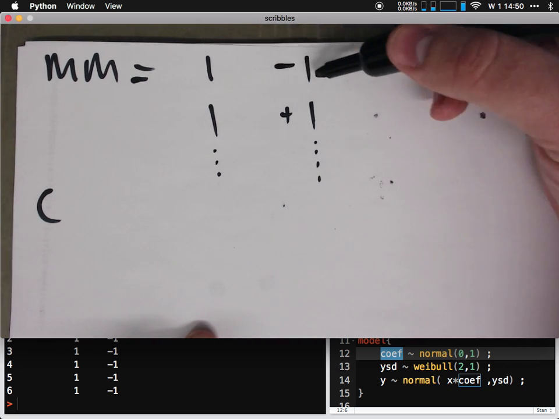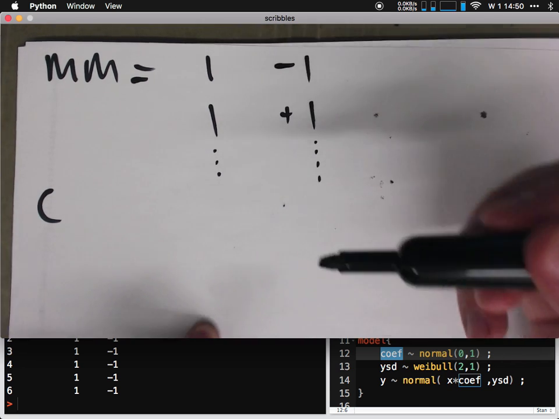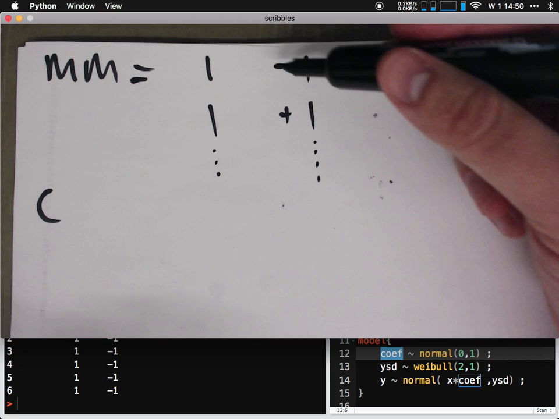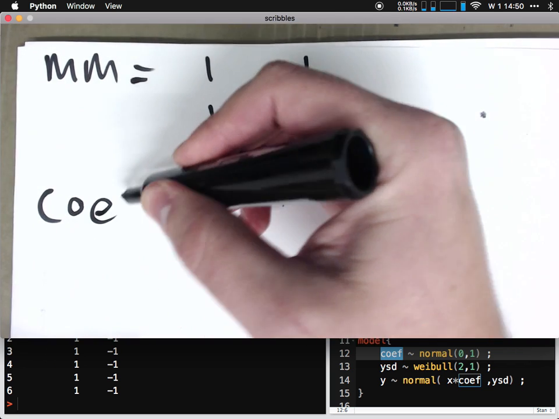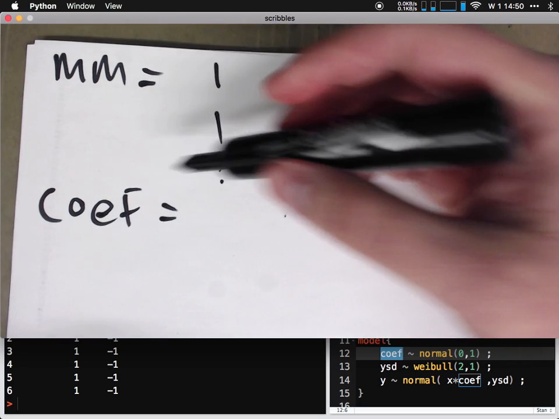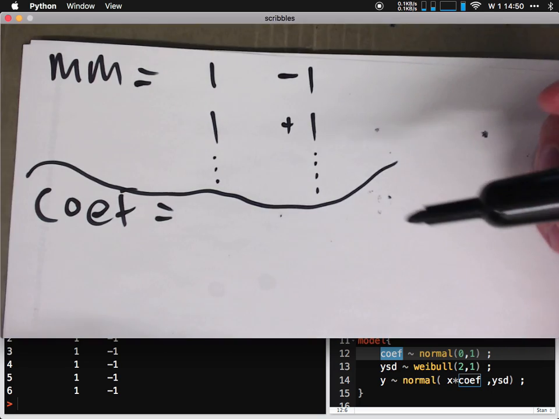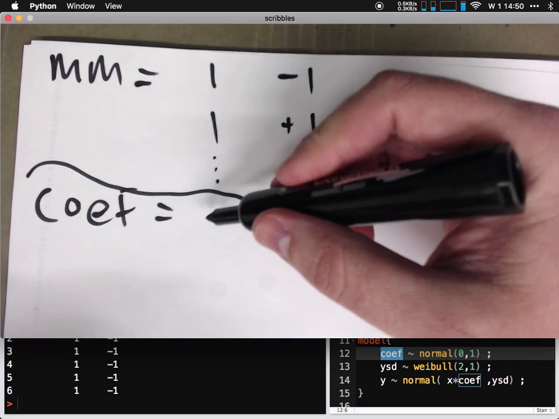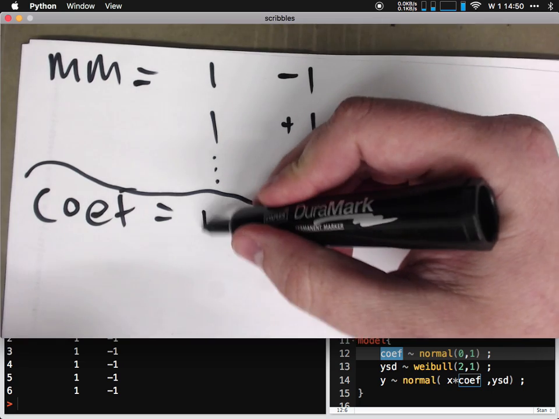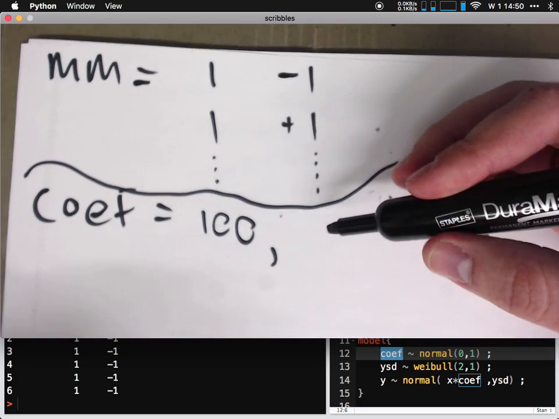It actually had -1s all in a row because the groups happened to be all chunked together. Let's just imagine that I happened to interleave them. So coef is equal to, let's pretend we're not scaling, 100, 4.